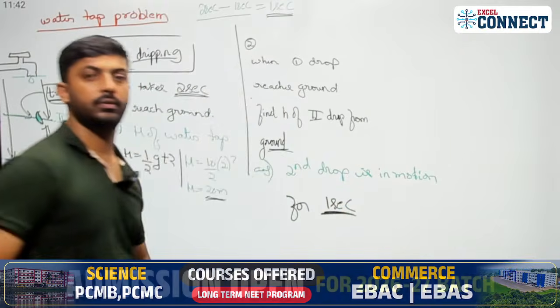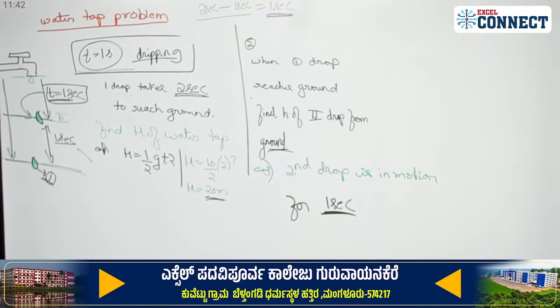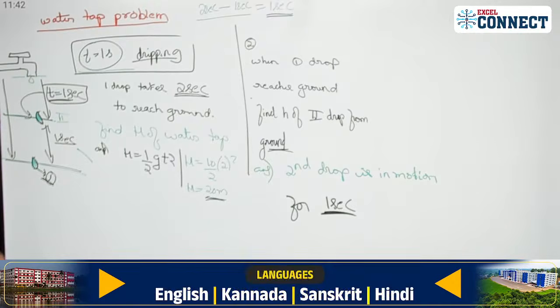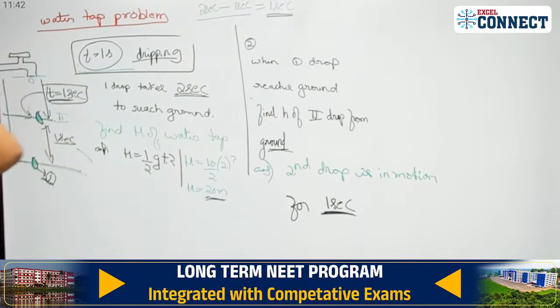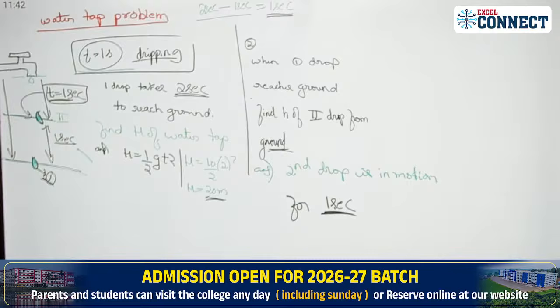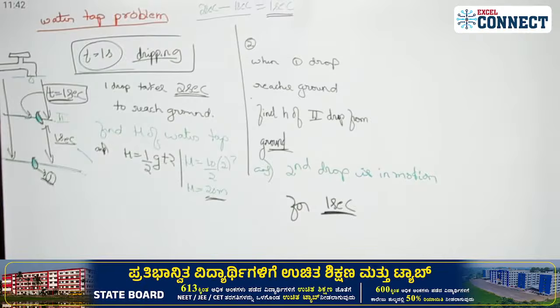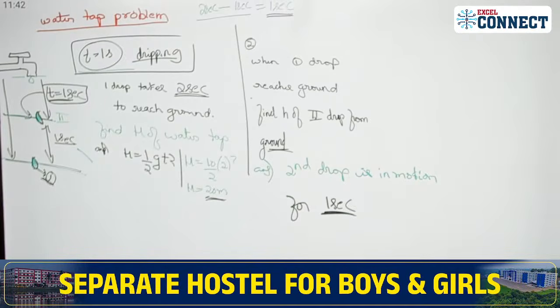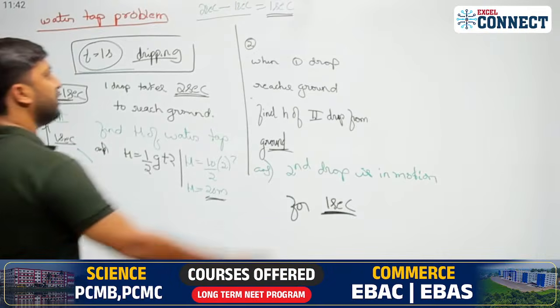The first drop has reached the ground, it takes 2 seconds. After 1 second, the second drop will come. So what is the time of motion for the second drop? It is 1 second, because total time is 2 seconds, but the second drop will take 1 second.